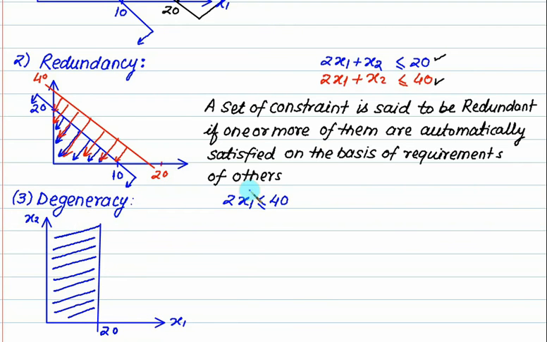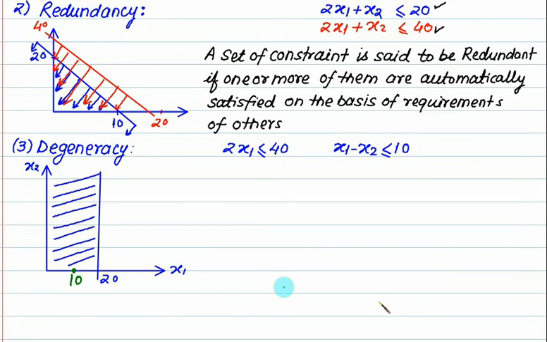We have a second constraint, x1 - x2 ≤ 10. If you put x2 = 0, then x1 = 10. So x1 = 10 is somewhere here. And if you put x1 = 0, will you get x2 = -10?